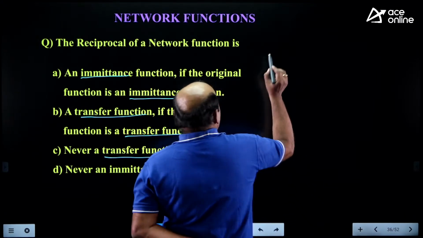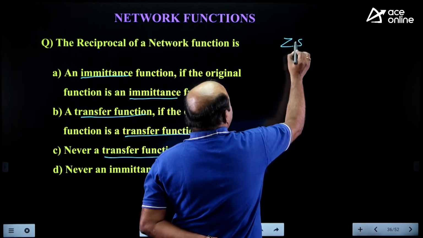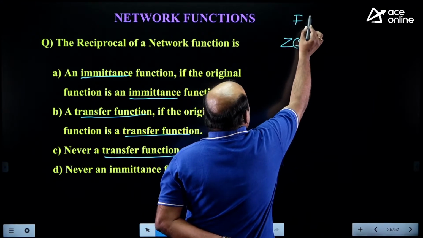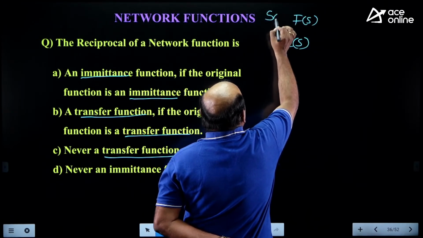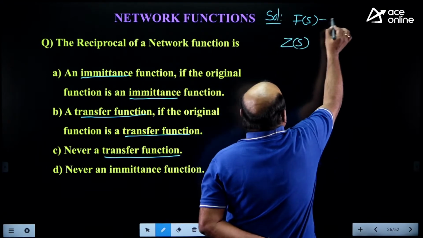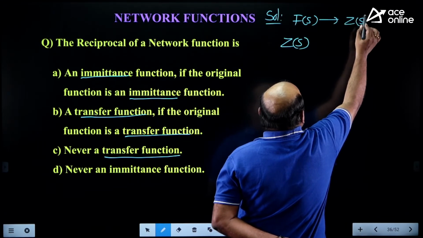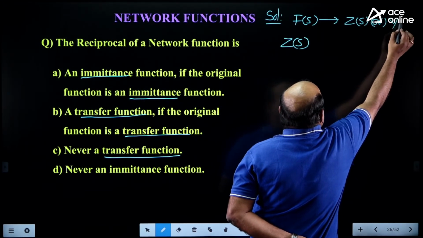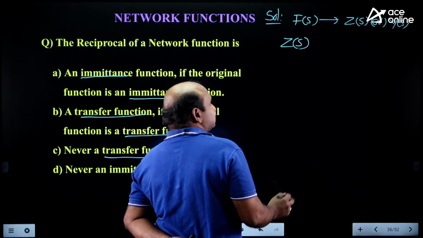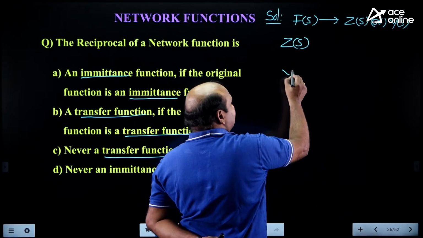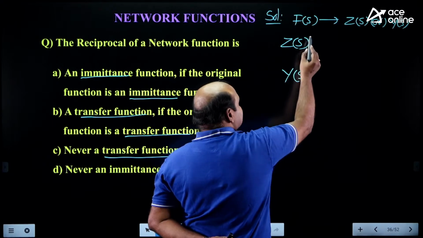But here I can take the reciprocal of Z of S. F of S can be either Z of S or Y of S. Suppose an impedance function is given, that reciprocal is also called an immittance function.